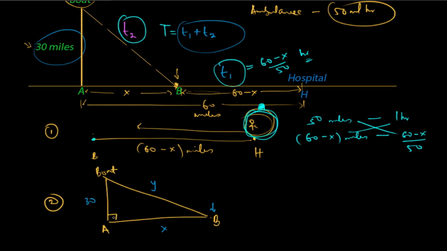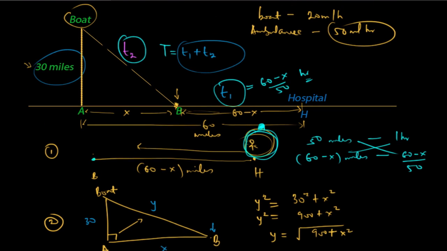It says that the square of the hypotenuse, that's y squared, equals the sum of the squares of the other two sides, that is 30 squared plus x squared. Now 30 squared is 900, plus x squared. So y is the square root of 900 plus x squared. That implies that the distance from the boat to B is the square root of 900 plus x squared.